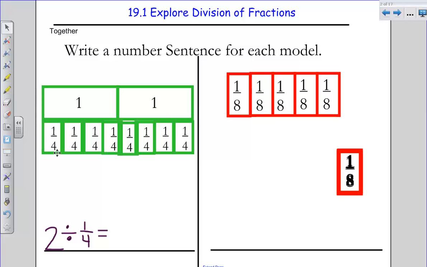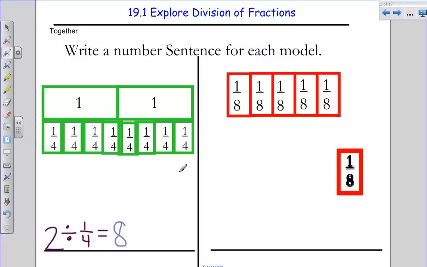Now when I count, how many 4th sections do I have? 1, 2, 3, 4, 5, 6, 7, 8. So 2 divided by 1/4 equals 8. I can divide 2 wholes into 8 1/4 little sections.